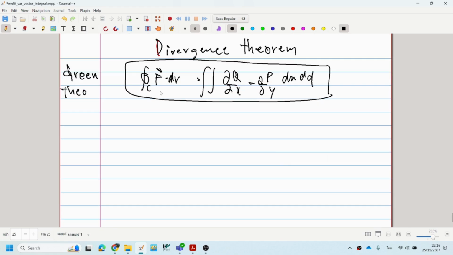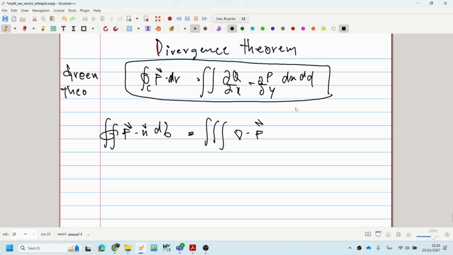For the divergence theorem, in the same way, we use a relation. In this case, the relation is the closed surface. The closed surface integral of f dot n vector d sigma equals the triple integral of del dot f over the volume.